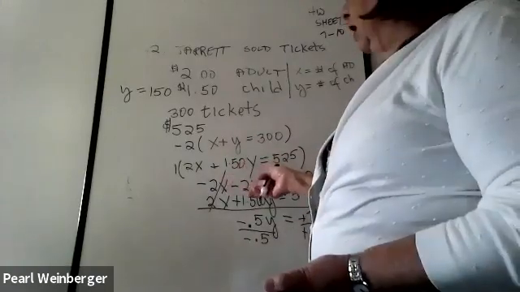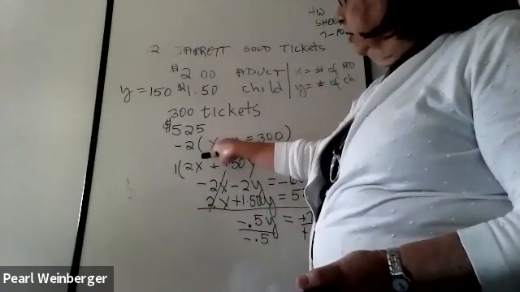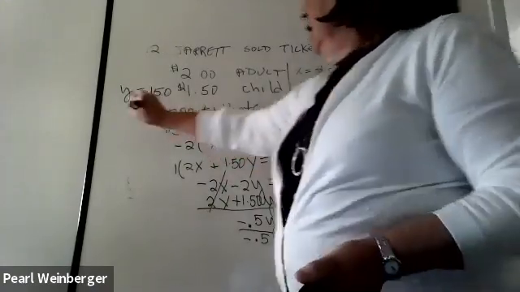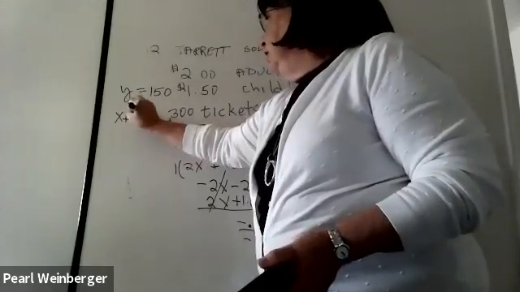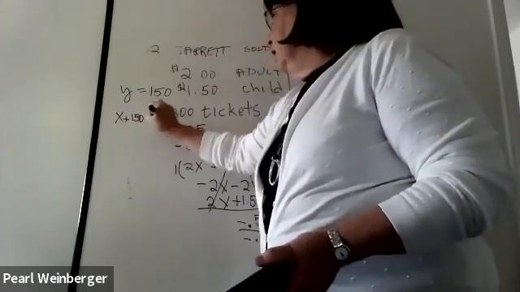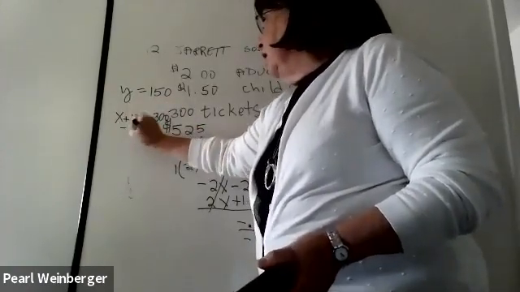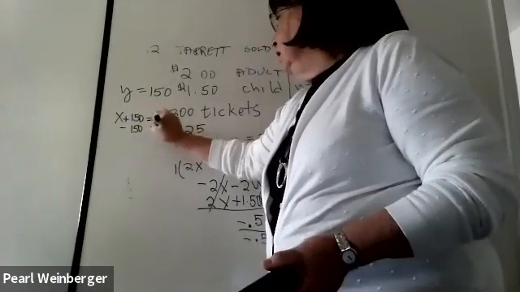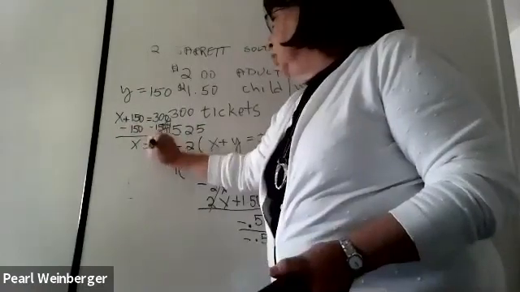How are we going to figure out how much the X is? Well, I'm going to go back to this original equation because that's a simple one. X plus Y, which I now know is 150, equals 300. And if I subtract 150, I get X equal to 150 as well.